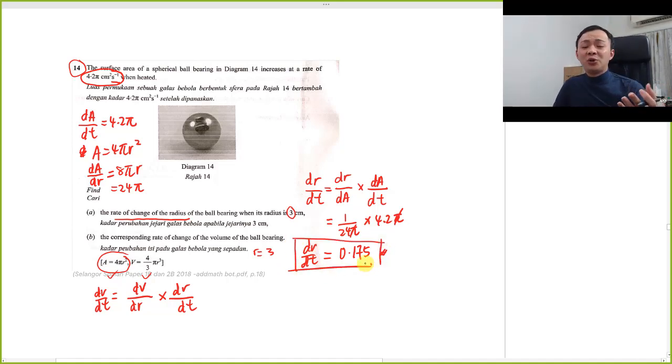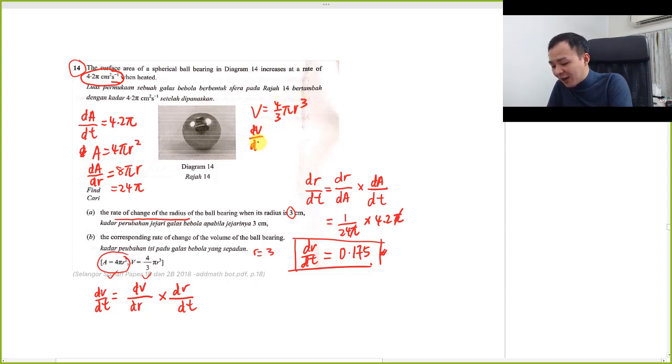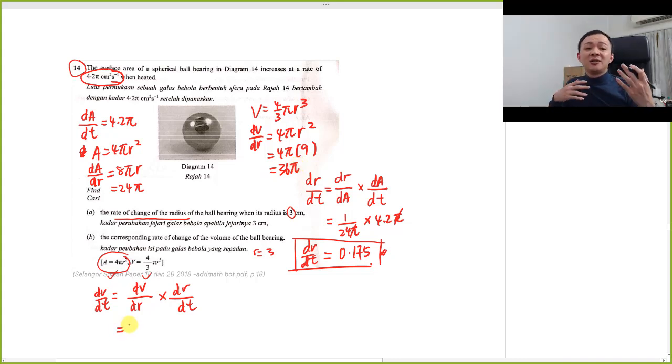So what I want to do is get dV over dr. dV over dr is very simple because we have the equation of V already, right? 4 over 3 pi r cubed. So dV over dr, I differentiate this one and get 4 pi r squared. I know my r equals 3, so 4 pi times 3 squared, which is 9, so I got 36 pi. Therefore, I substitute everything into the chain rule.